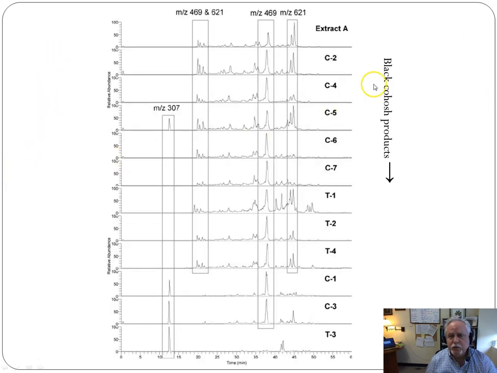This is a series of black cohosh products all the way down. We can see these are the expected portions of the chromatogram. We would expect that in racemosa. These are not. So if we just go down, you can see that some of these contain an unexpected constituent or chemical, along with some of the expected.